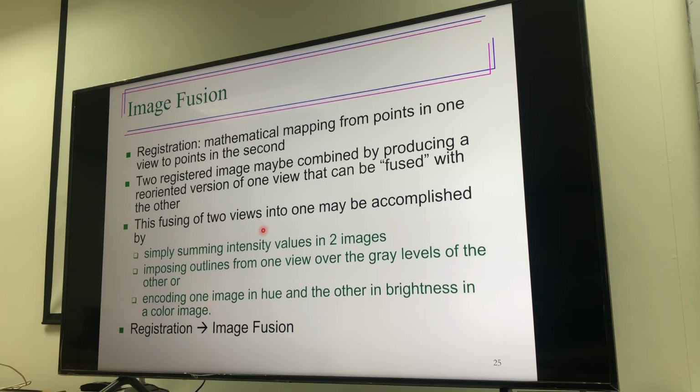So you combine the information from the first image with the information from the second image to be one view. Then it's called image fusion. There are going to be techniques for that. A lot of times when you do fusion, you have to do registration first, followed by image fusion.